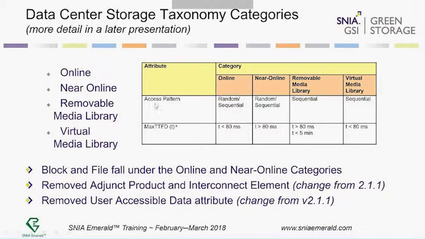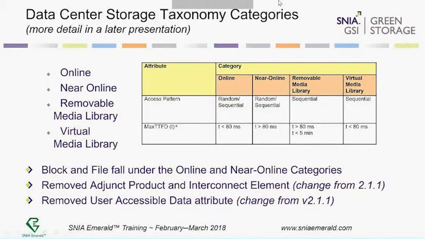Here are listed just several of the attributes of the categories: access pattern, max time to data. There are considerably more attributes in the individual categories when you look at the tables, and we'll highlight those when we cover taxonomy later today.